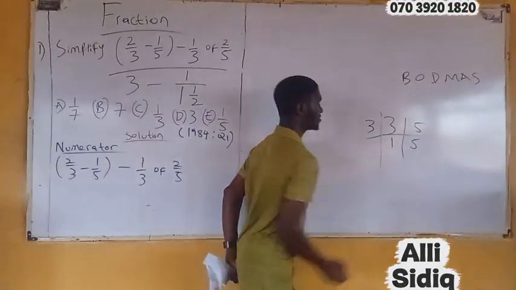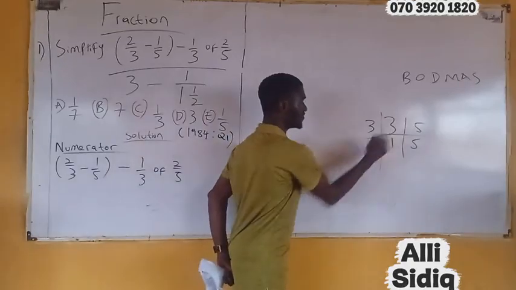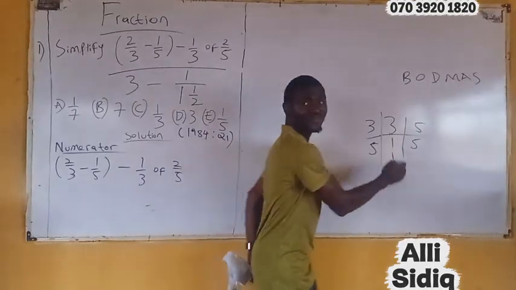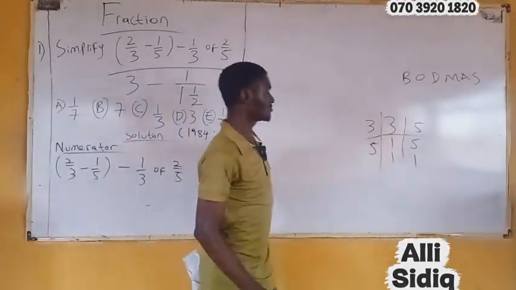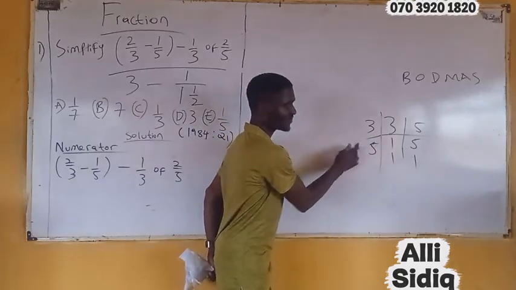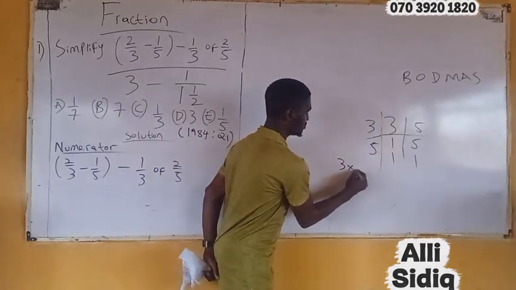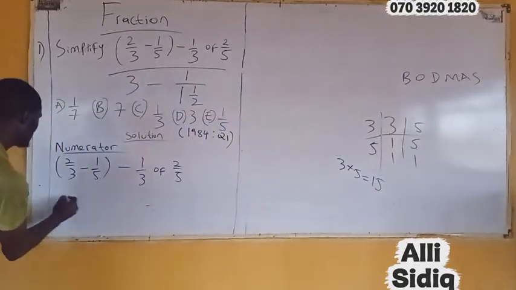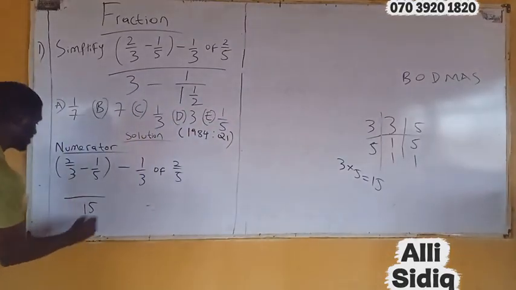Then I'll bring out 5 again. 5 in 1, 1. 5 in 5, 1. So I have 3 times 5, which becomes 15. So that means 15 becomes my LCM.